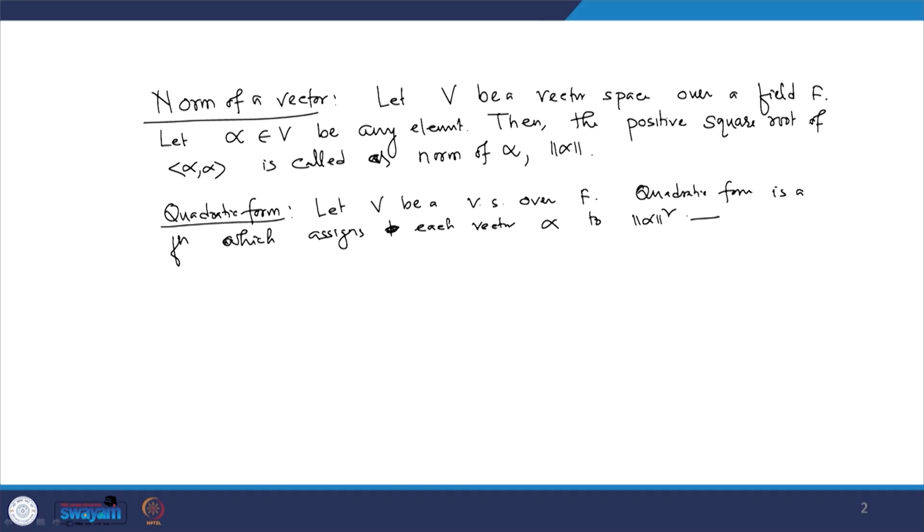This one, please. Now, using this terminology, norm or quadratic form, we will see the characteristics of the inner product.